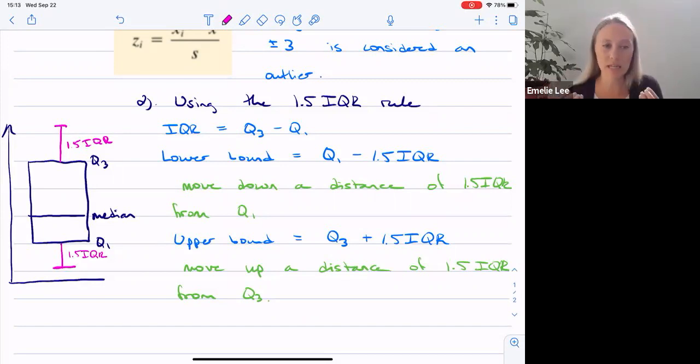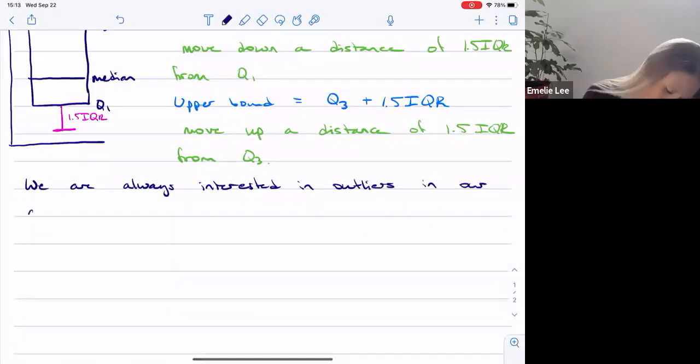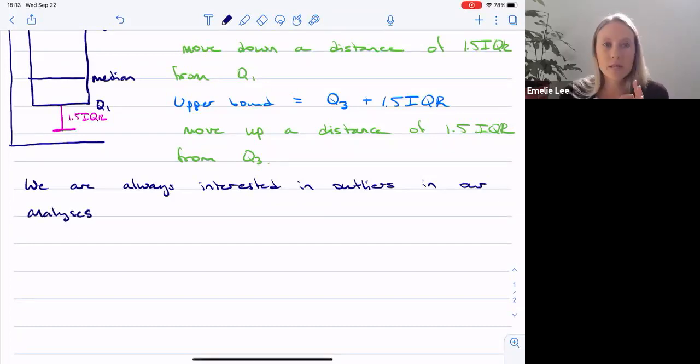Either way, we're interested in outliers. We are always interested in outliers in our analyses, right? That's because they could tell us two different things, and either way, we're interested. One of them is more interesting than the other.